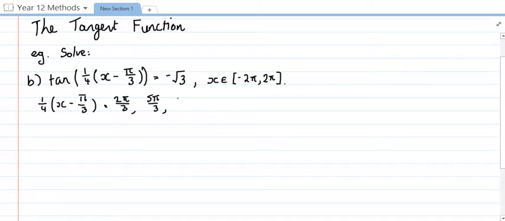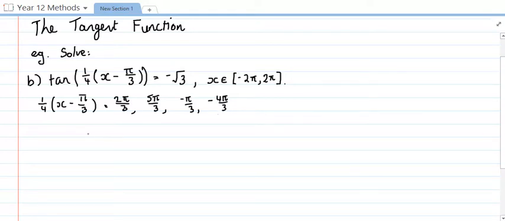So if we were to go negative, the fourth quadrant equivalent would be just negative pi on 3, and the second quadrant equivalent would be negative 4 pi on 3. So these are our options. There's obviously several more, but these are the ones I'm going to use and hopefully end up with a solution that works.